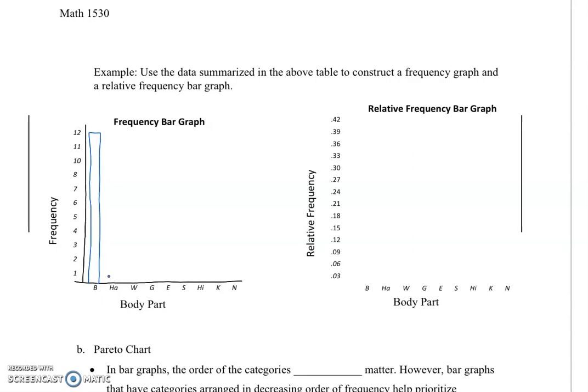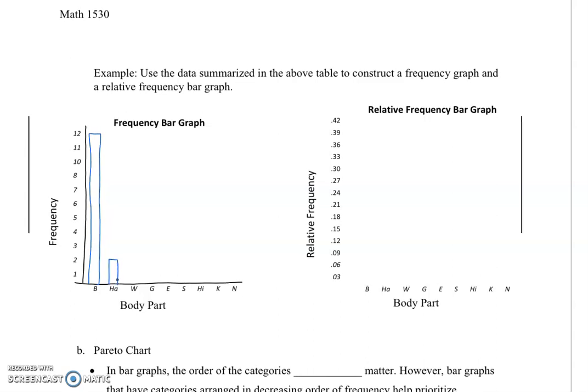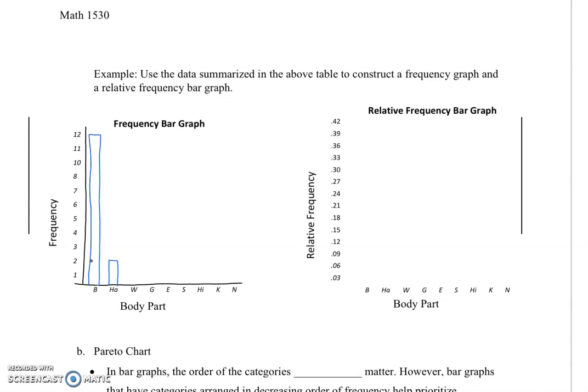For hands, the frequency was 2, so our bar is going to go up to 2. And these should all be equal width, obviously, width being across the bar. I'm doing the best I can, but it's not perfect when you're freehanding. We had 2 wrists, so that should be exactly the same height as the hands.